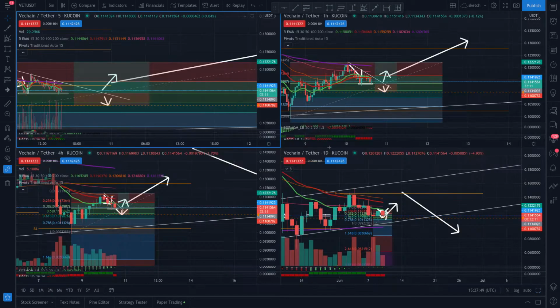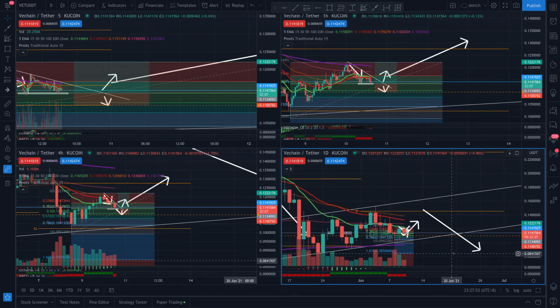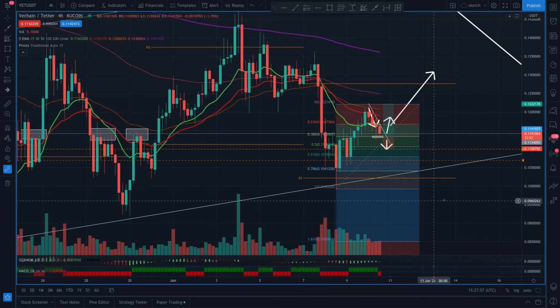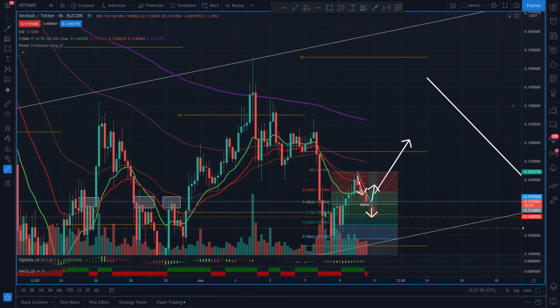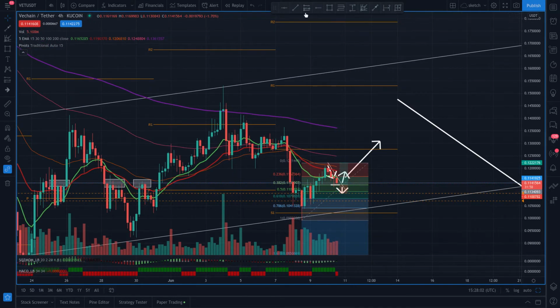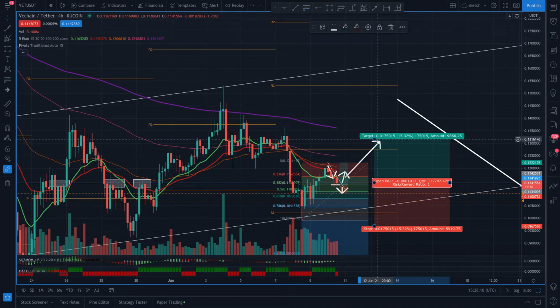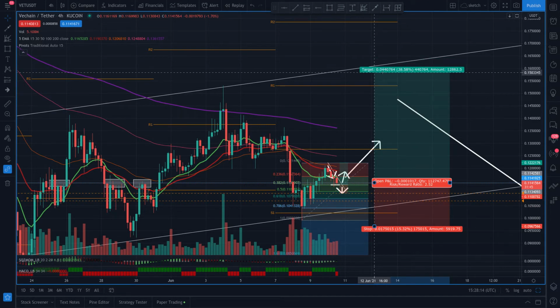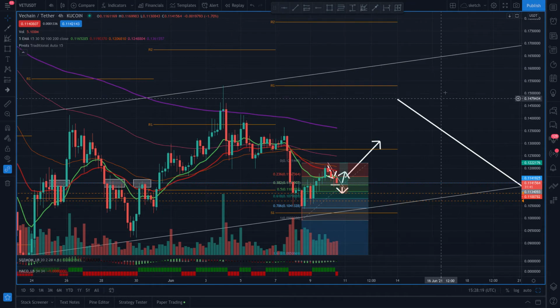So this is for a short-term trader. Long-term trader, I think it's a good time. Could you be a bit more aggressive? Perhaps, but I think this is decent. Why? Because look, you're just going to enter right now, like even right now. What's the price at now? Okay, let's just say here, right? We are looking at a 38% upside over the next couple of days. So let's see how long it will typically take.